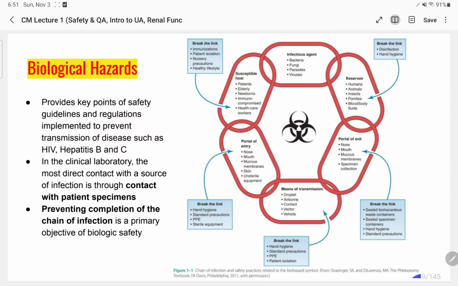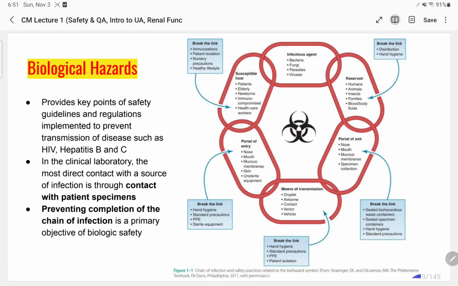Here in the laboratory, please take note that the most direct contact with the source of infection is through us. Dili man tayo muhandle gyud og patient, di man ta para sa nursing, dira sila bedside gyud. Kita, we are handling more on patient specimens. So mao ni ang pinaka-direct contact nato with the source of infection, through patient specimens.